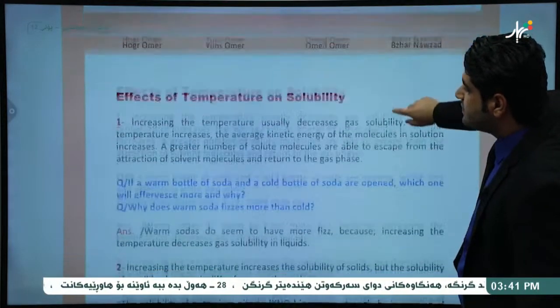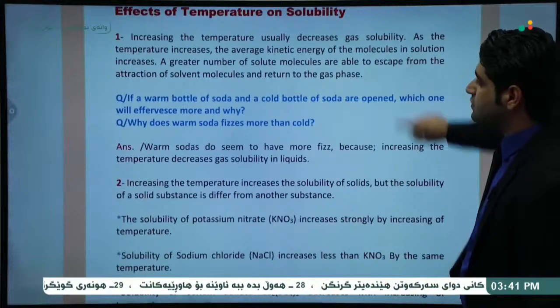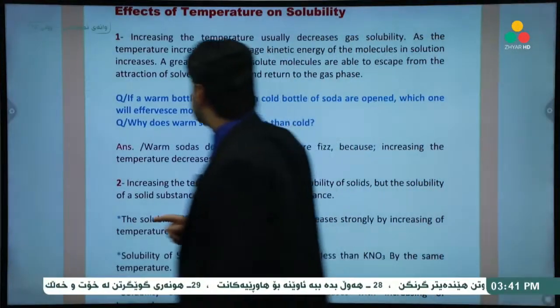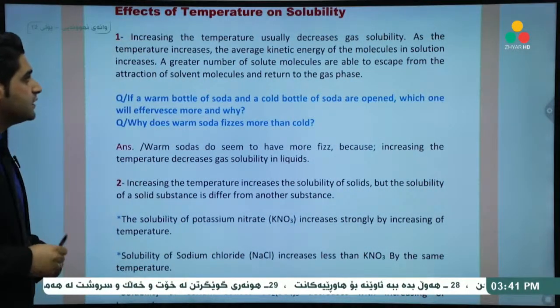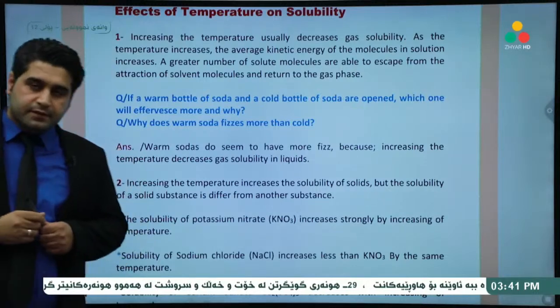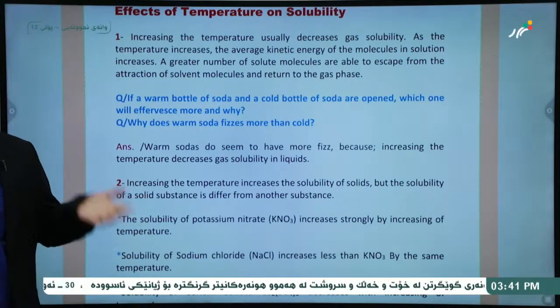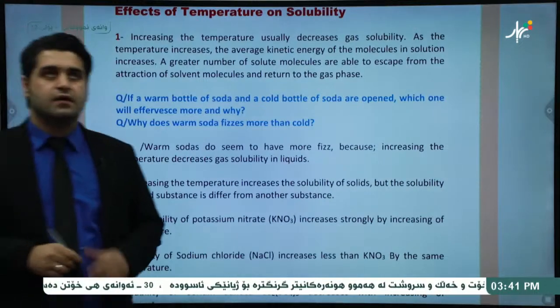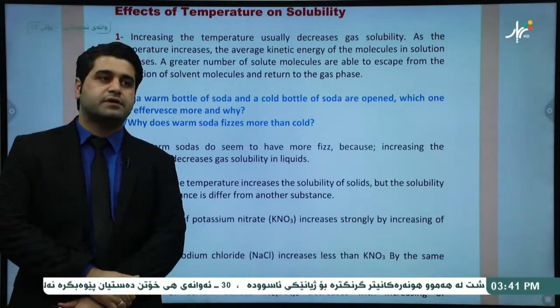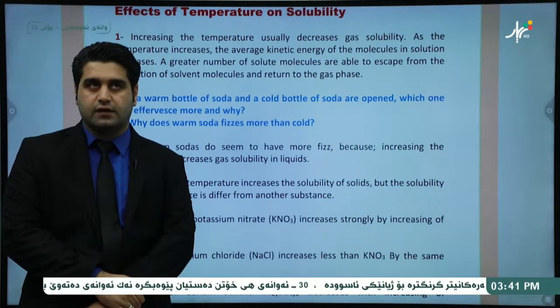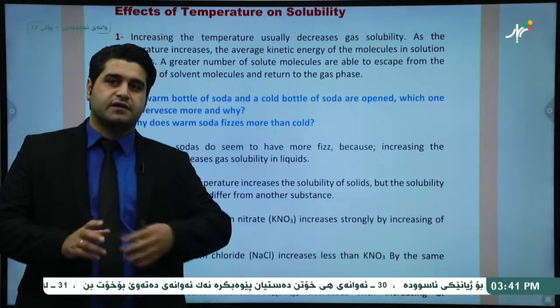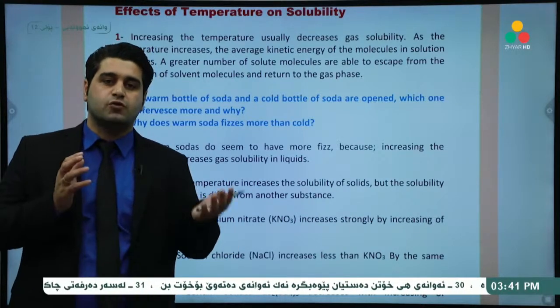Now, let's study the effect of temperature on the solubility of gas in liquid. Do you remember what I told you about the effect of temperature in prior lectures? When we talk about temperature, you have to say that increasing temperature increases kinetic energy, energy of motion.